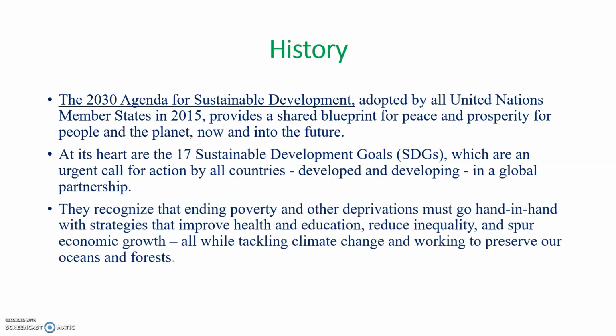They recognize that eradicating poverty and other deprivations must go hand in hand with strategies that improve health and education, reduce income inequality, and spur economic growth, all while tackling climate change and working to preserve our oceans and forests.